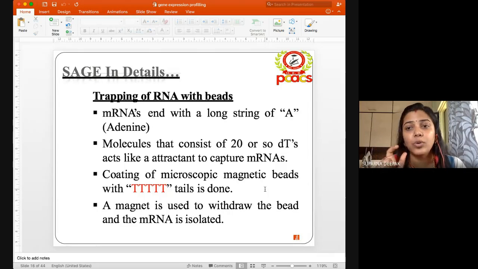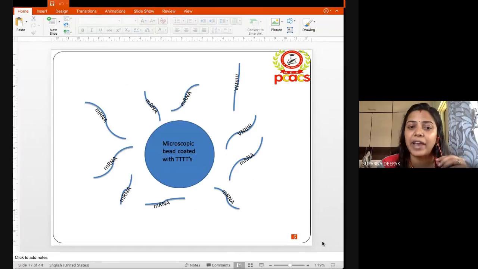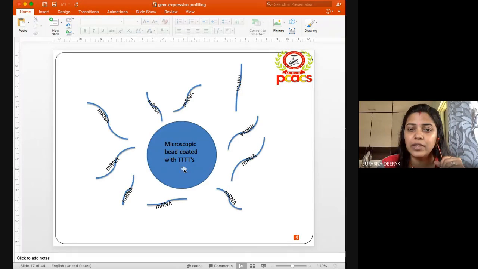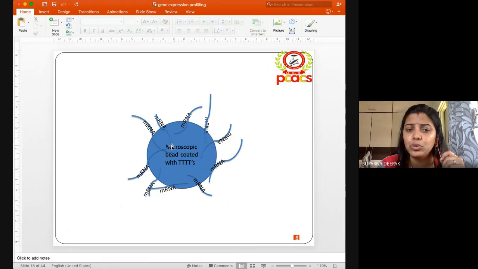Either you can use poly T bound to biotin, and then streptavidin bound to the beads, so the mRNA can bind to the beads. Or else the beads can be directly coated with poly T, and then the mRNAs can bind to it.